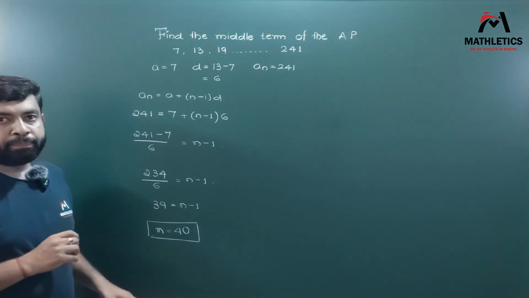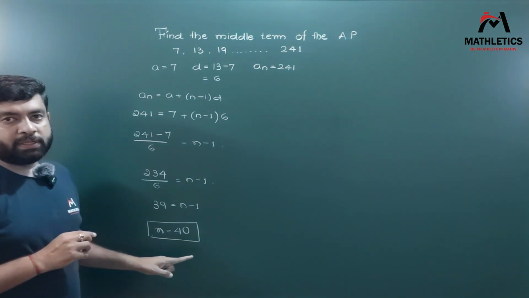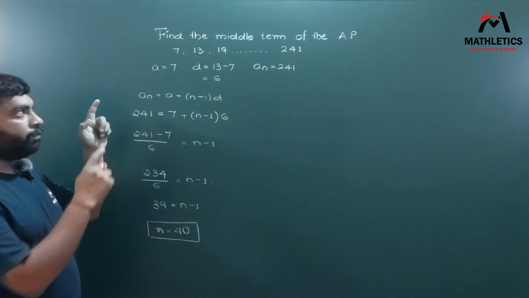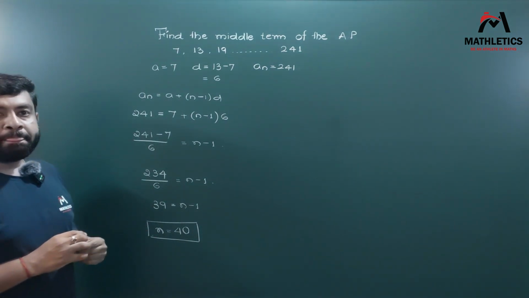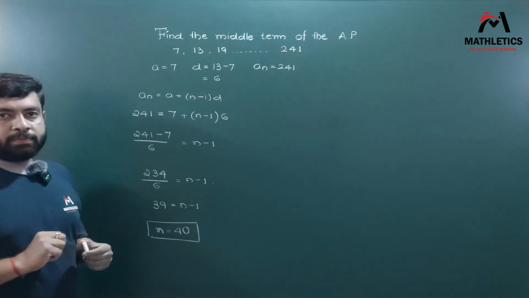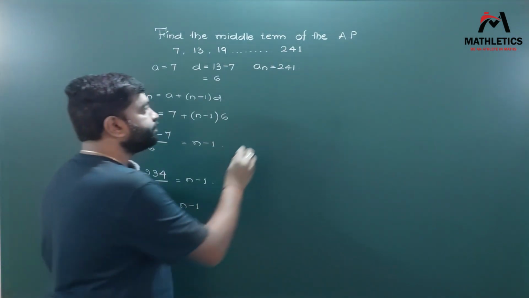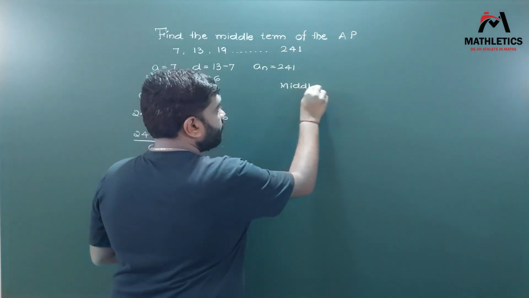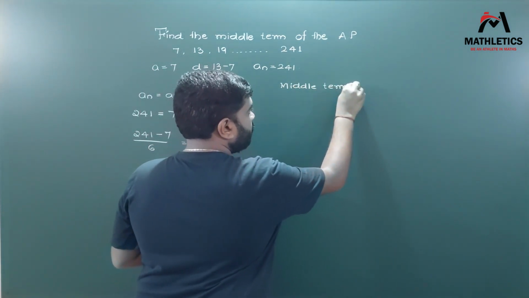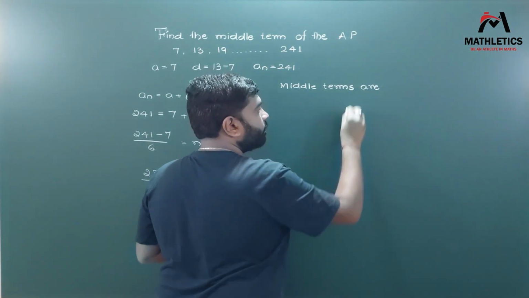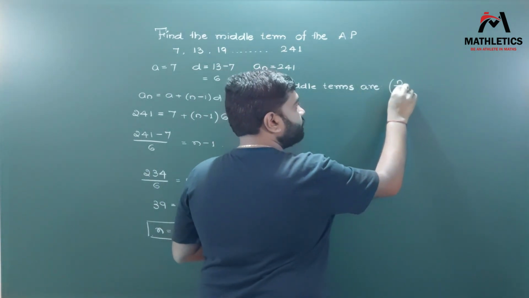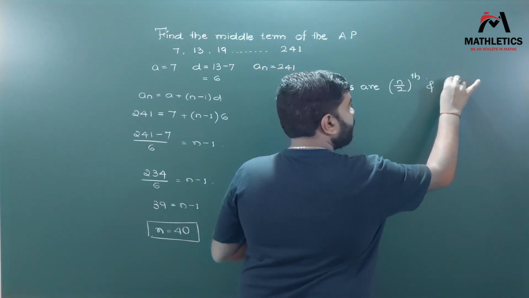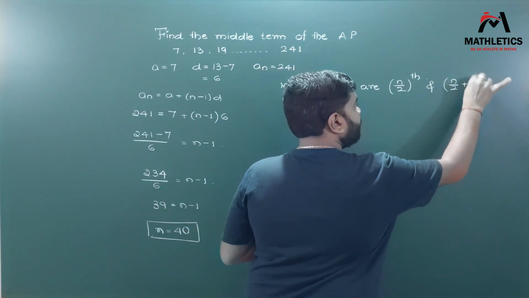Now you can observe the value of N is 40, which means it is an even number. Whenever an even number of terms are present in the AP, there will be two middle terms. The middle terms are the N by 2th term and the N by 2 plus 1th term.